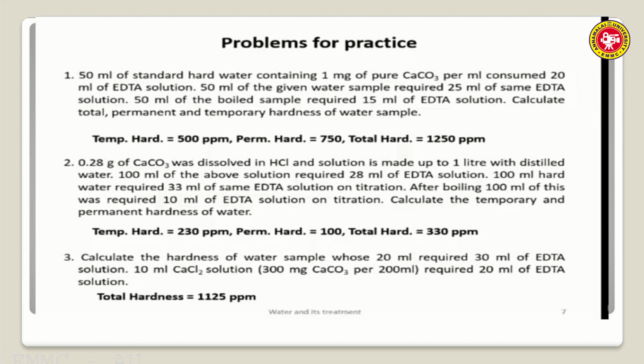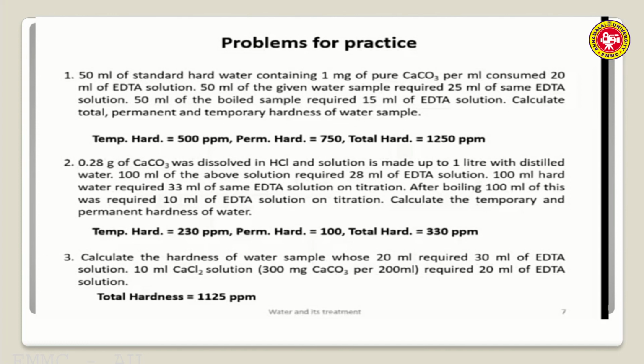So V1 is what? 20 ml. 50 ml of the given sample water required 25 ml of the same EDTA solution. This is the second set of titration, which means V2 is what? 25 ml. Third set, after boiling, 50 ml is taken and it required 15 ml of EDTA solution. This is the third set, which means V3 is equal to 15 ml.